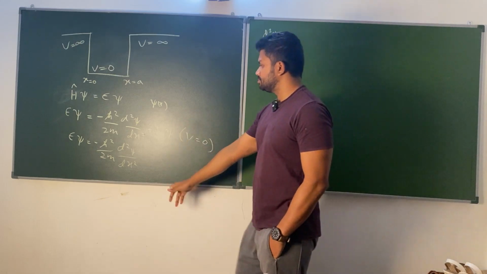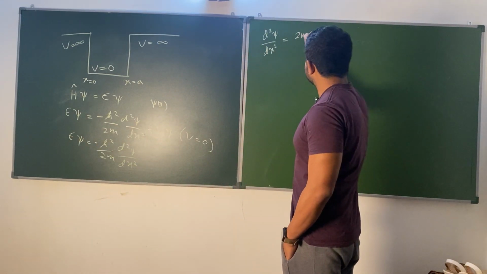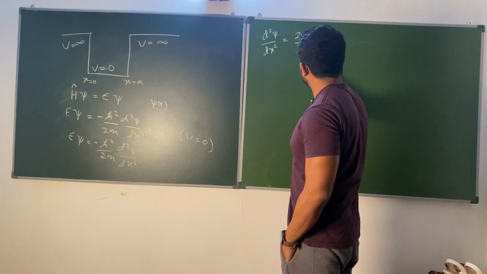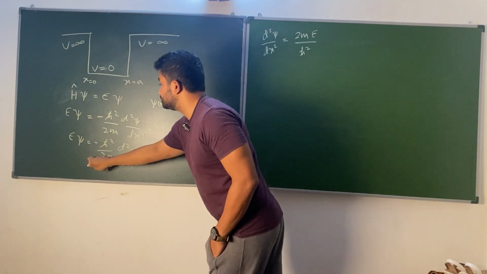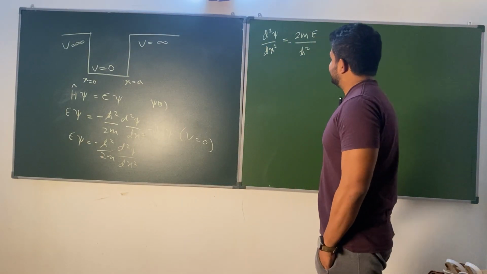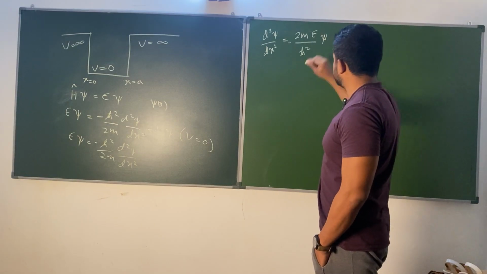When I take all of those things to the other side, I will end up with 2mE over h bar squared, and don't forget to move this minus term to the other side. So now this is what it finally looks like, and here that is in fact phi.